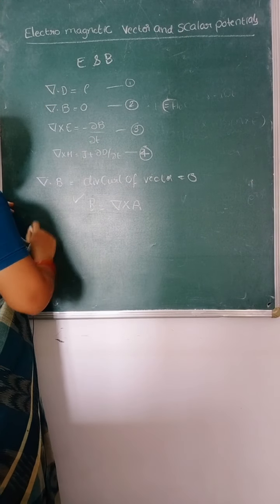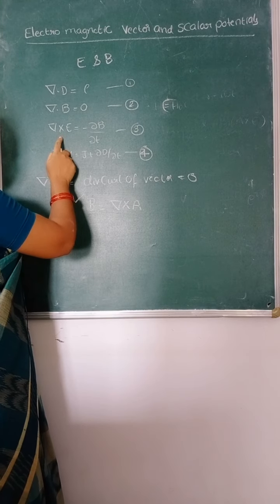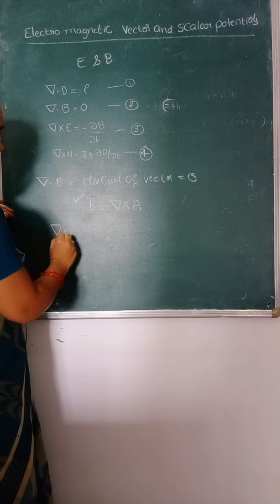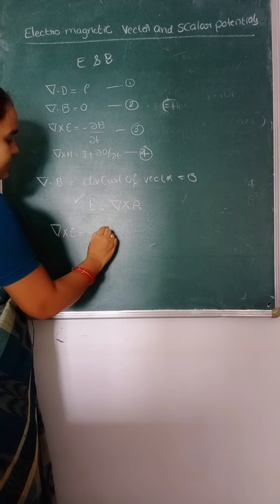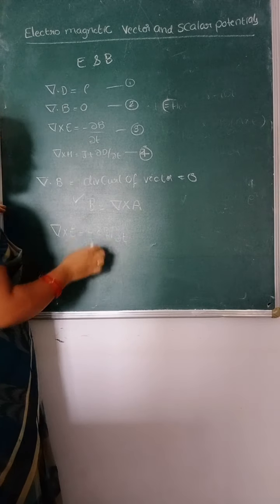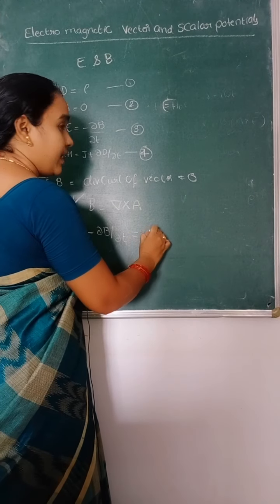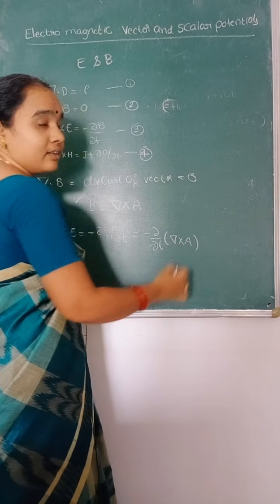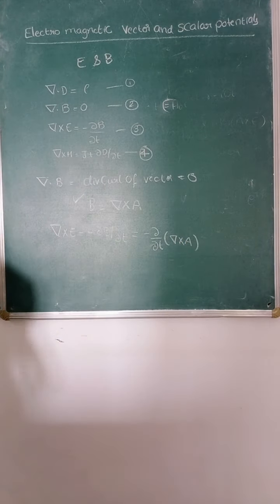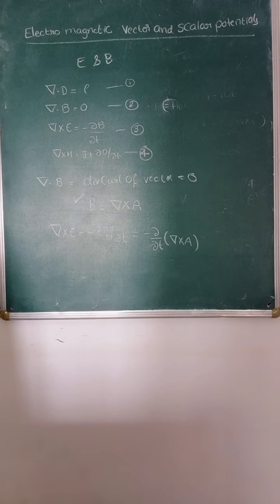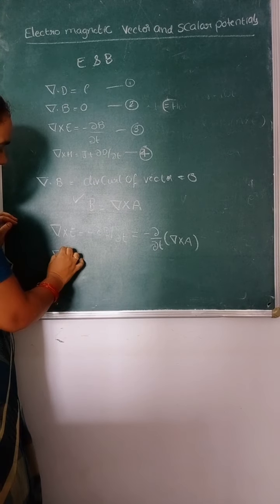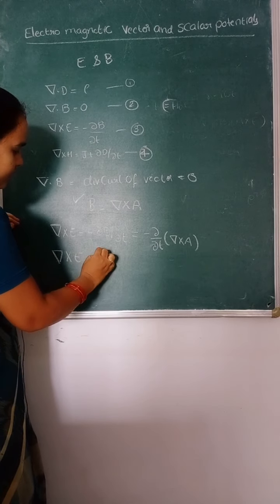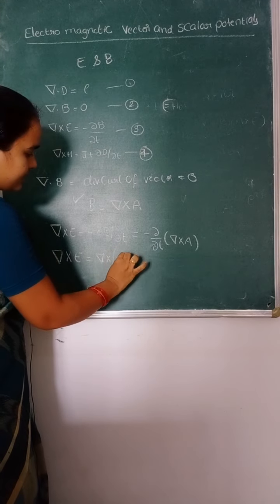If B is equal to del cross A, it must satisfy the third equation. What is the third equation? Del cross E is equal to minus dou B by dou t, and B is del cross A, so del cross E is equal to minus dou by dou t of del cross A. Then this can be written as del cross E is equal to del cross of minus dou A by dou t.